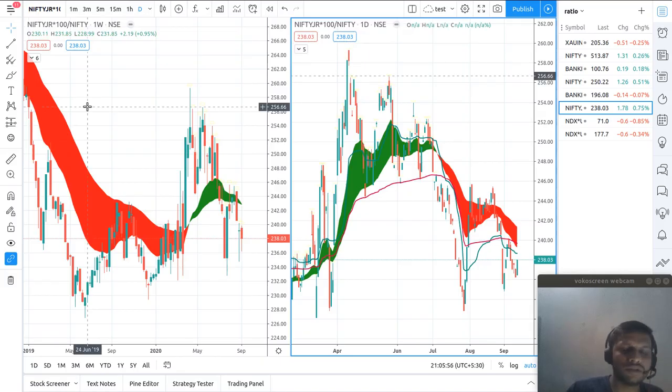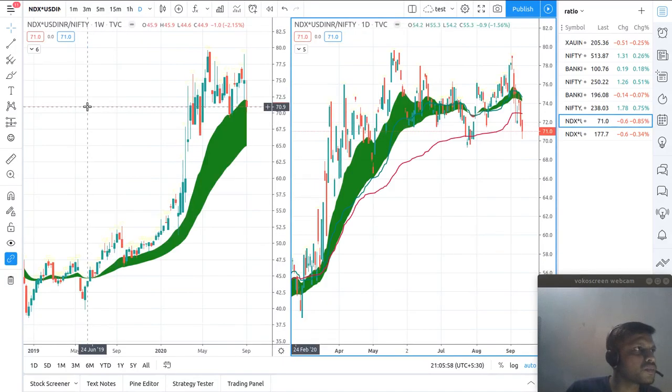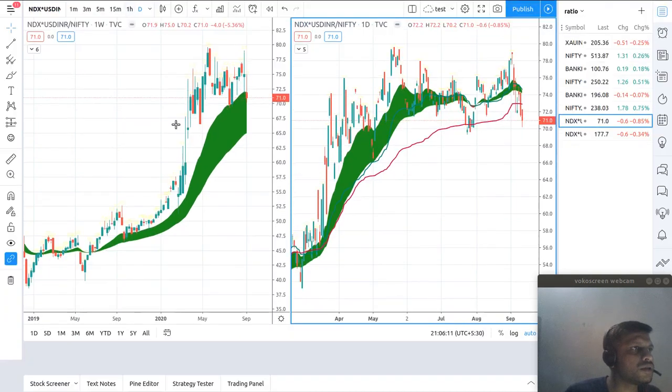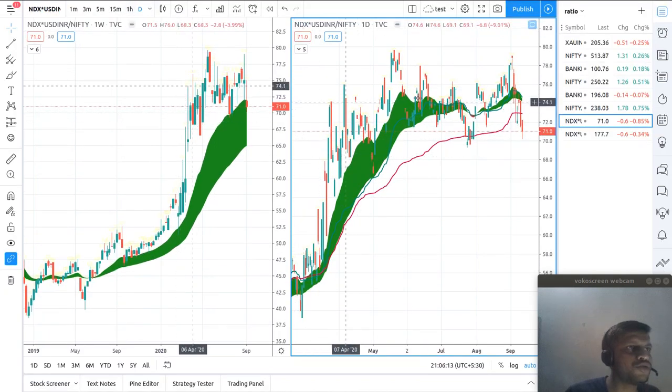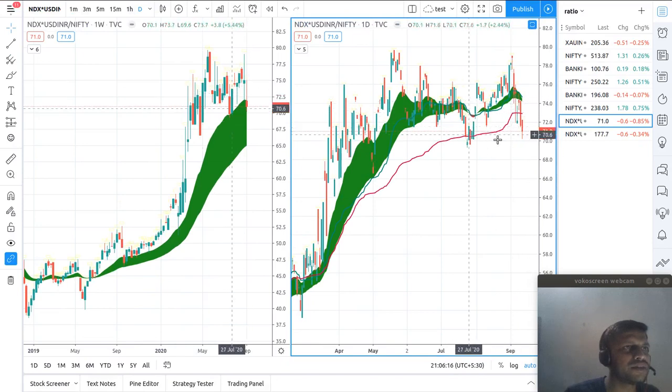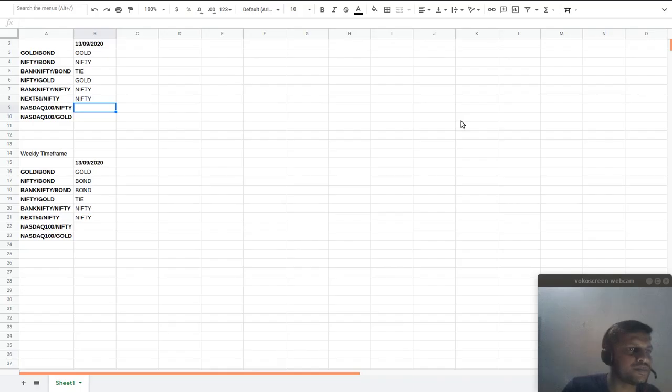For Nasdaq versus Nifty, now this Nasdaq is in rupees. So you can see here Nasdaq value into USD INR. So in the weekly time frame we have Nasdaq outperforming. In the daily time frame it's a tie, let's say.